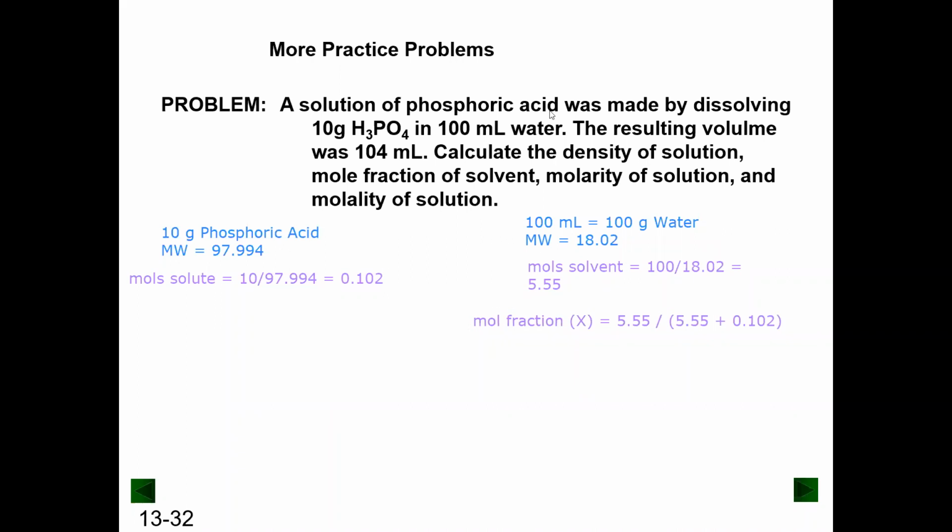All right. Go ahead and plug this into your calculator and tell me what you get. Okay, 0.982. So this is our mole fraction of our solvent. Now, if you wanted to find the mole fraction of your solute and you already solved for one of these, it's very easy. At this point, you just do 1 minus this number.